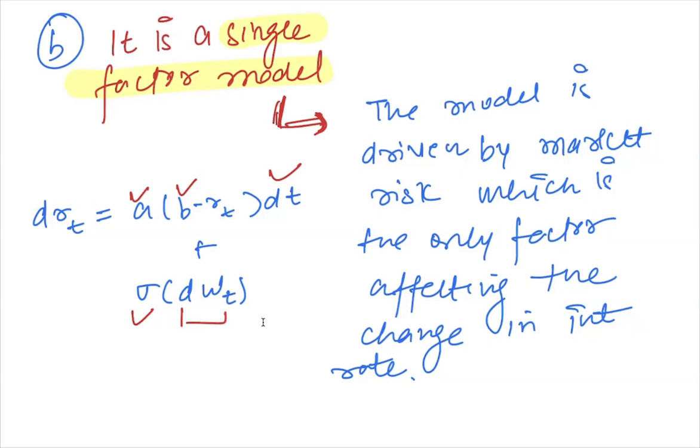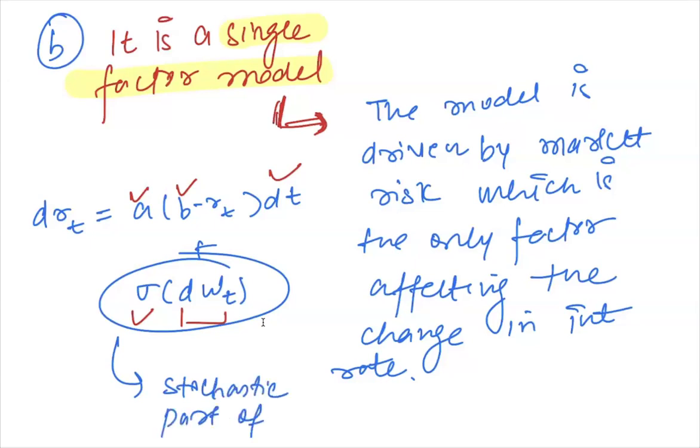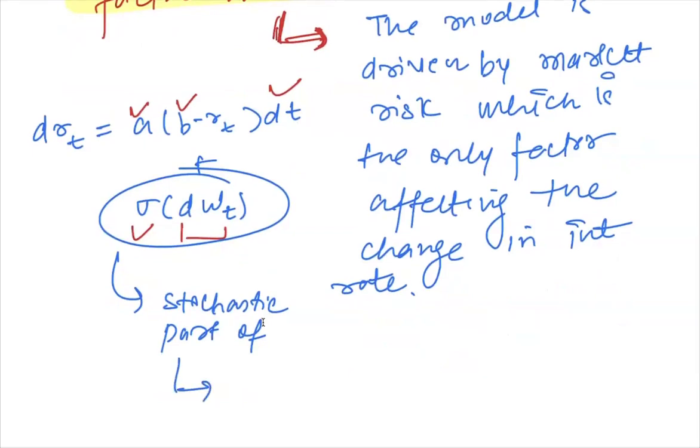So a question you might be asking is, which factor is actually causing interest rates to be negative? If you see the stochastic part of it, the stochastic part is responsible for negative interest rates.